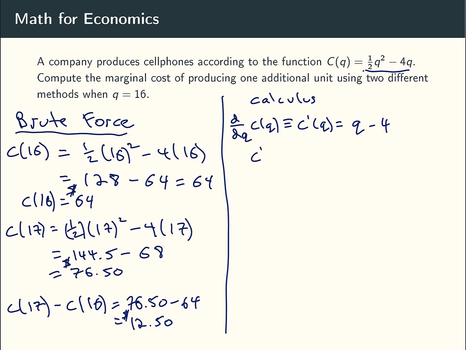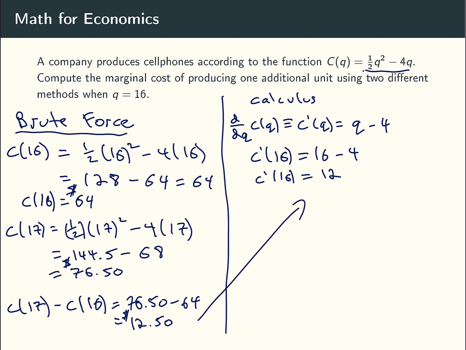Well, I know that C prime of Q, let Q be equal to 16. We get 16 minus 4, which is equal to 12. The marginal cost, which is the slope of the cost function when quantity produced is equal to 16, that marginal cost, that slope is equal to 12.